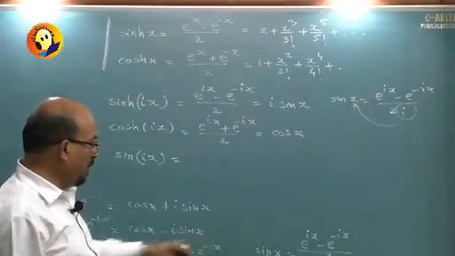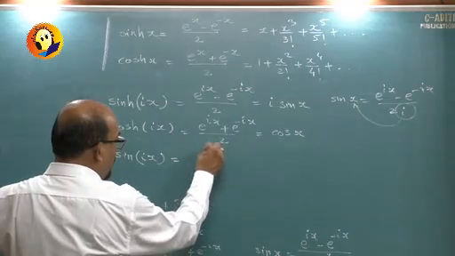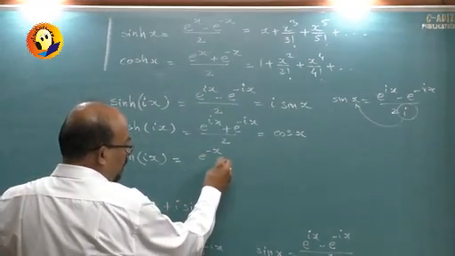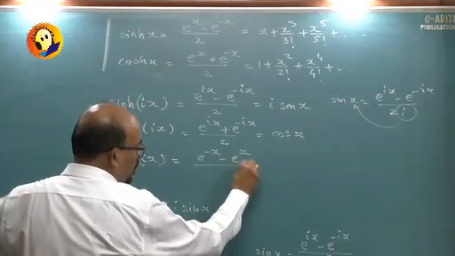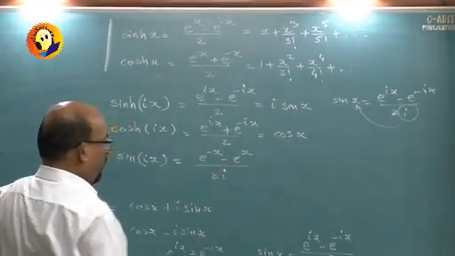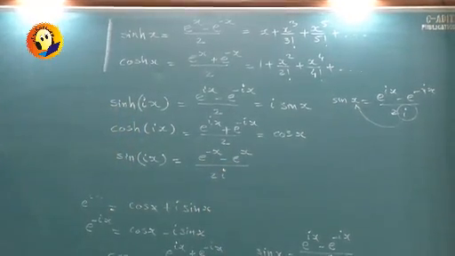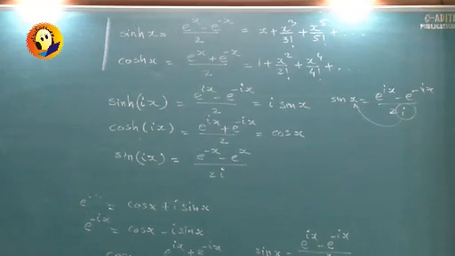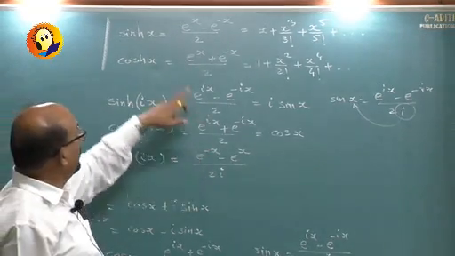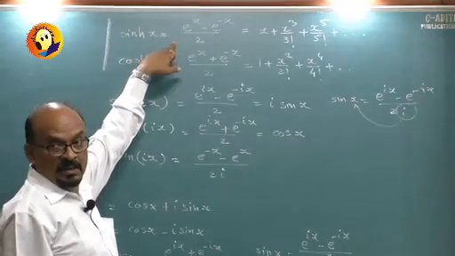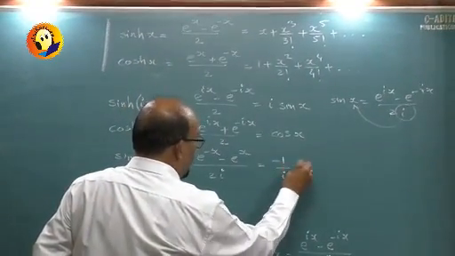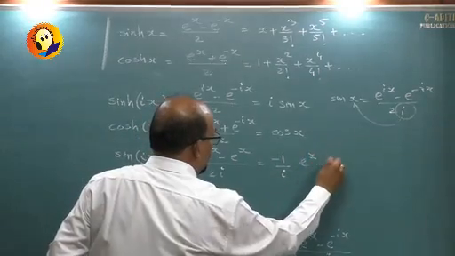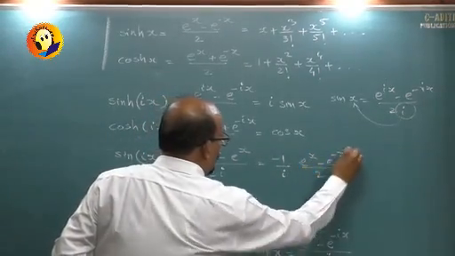So it will be e raised to minus x minus e to the power x upon 2i. So this is somewhat similar to this, but with a minus sign. So if I take out that minus sign, minus 1 and i, it is e raised to x minus e raised to minus x upon 2.